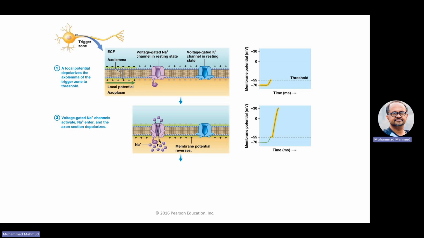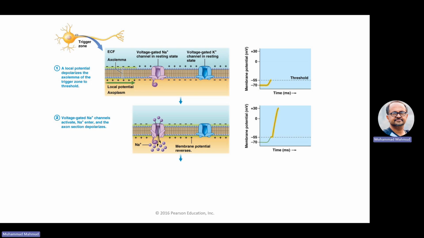So that's the trigger zone at the beginning of the axon. This local potential starts here and will open up the voltage gated sodium channels. You see the pink sodium channels, they will open, sodium will enter, and this part of the axon will be depolarized.